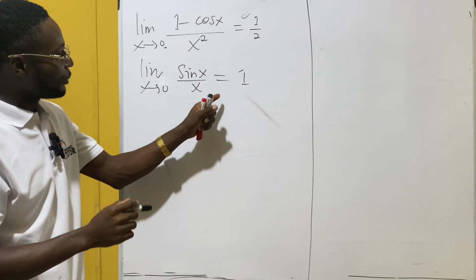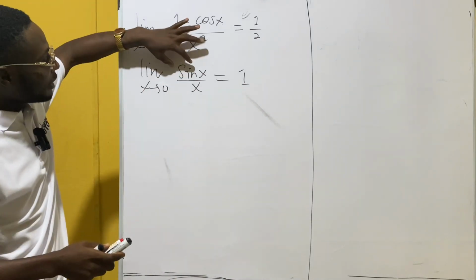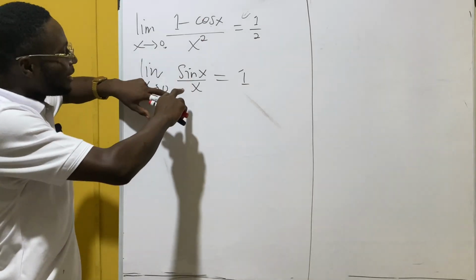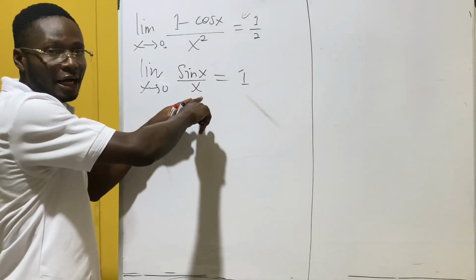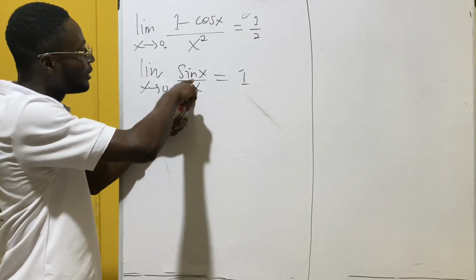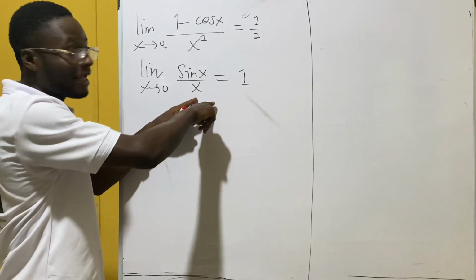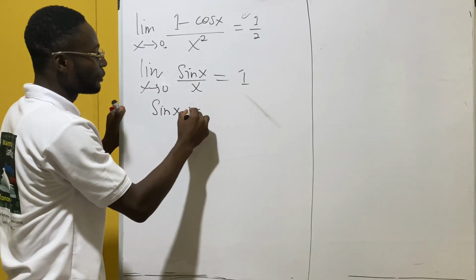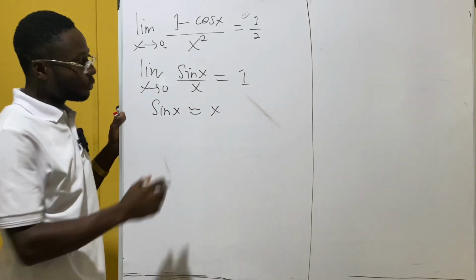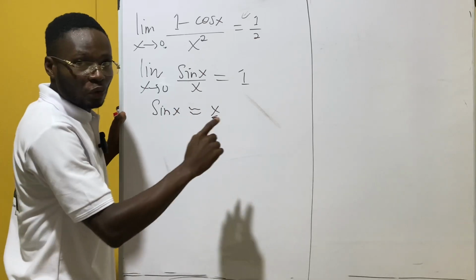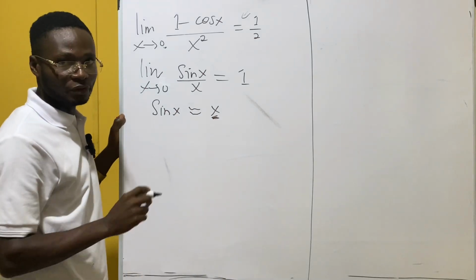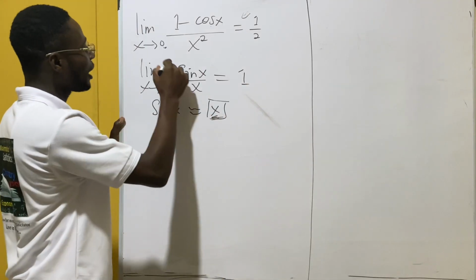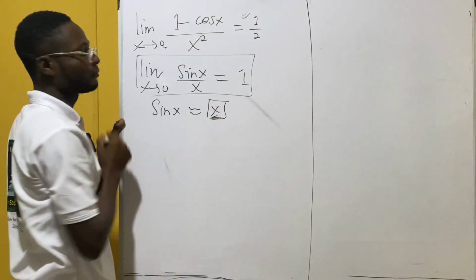This statement means that sin x is approximately equal to x when x is very, very close to 0. So we have this property as well.